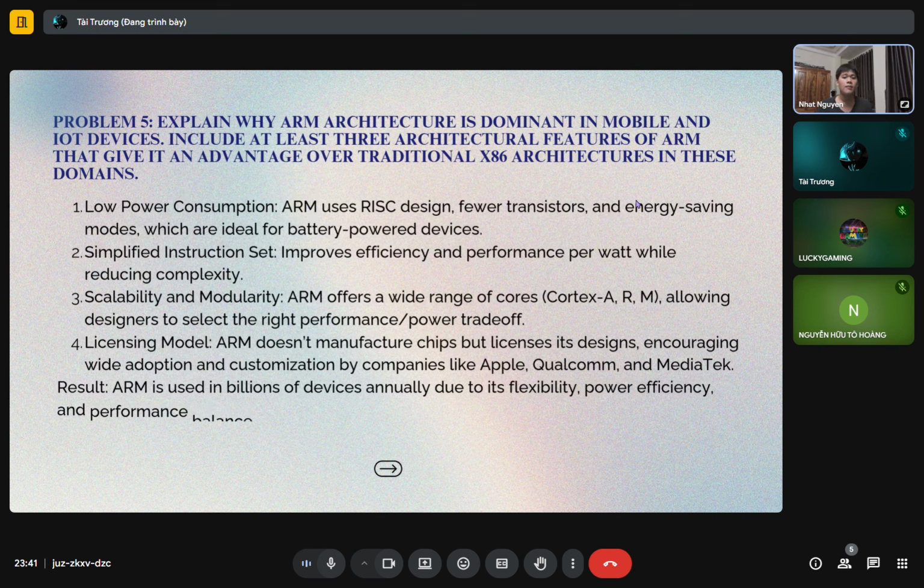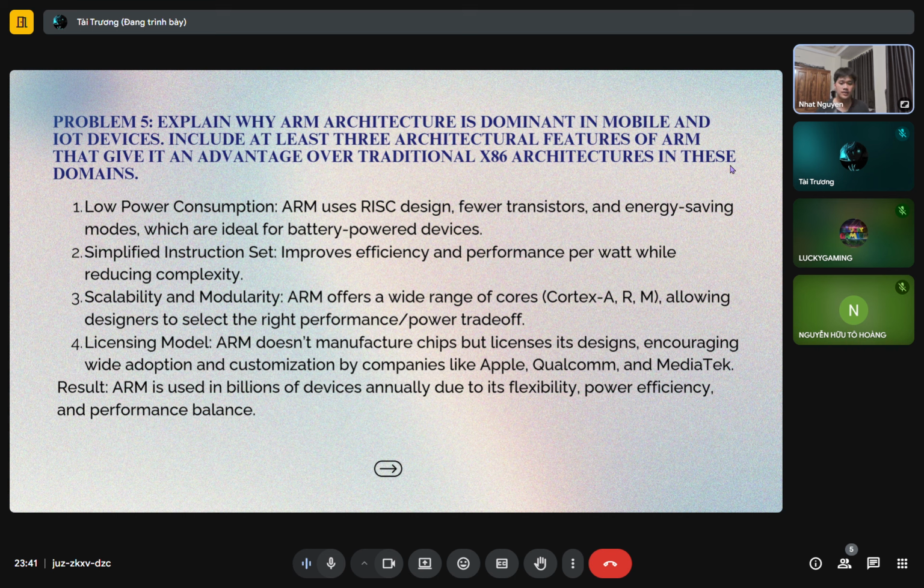First, lower power consumption: ARM uses a RISC design with fewer transistors and energy-saving modes, which are ideal for battery-powered devices.